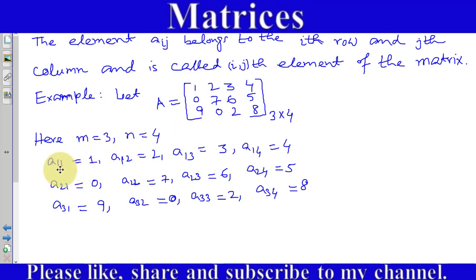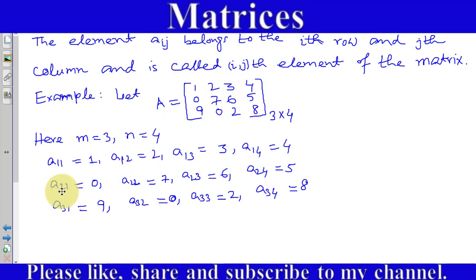Here A11 means first row, first column element, which is 1. Similarly, A12 is the element 2, A13 this is 3, A14 this is 4.